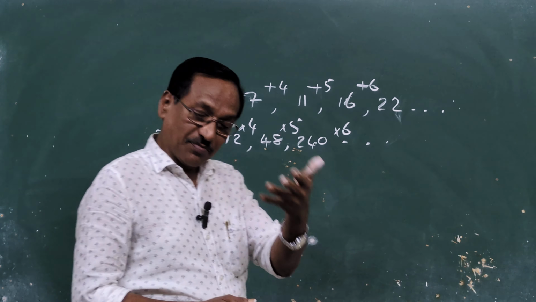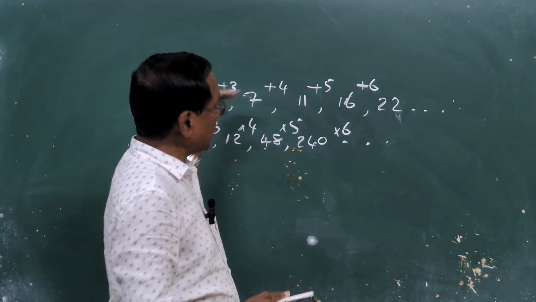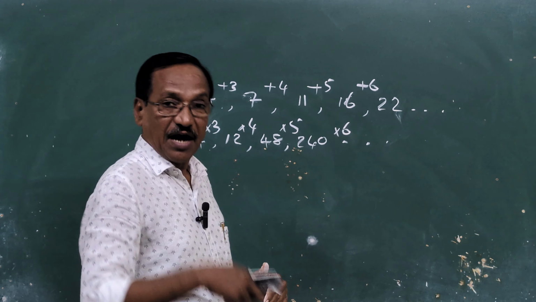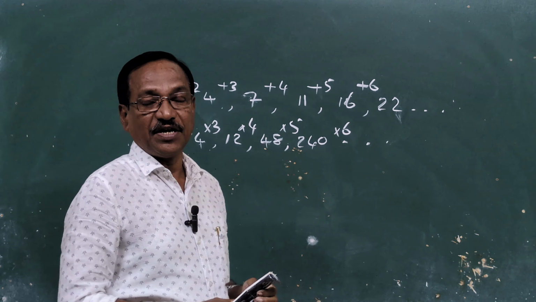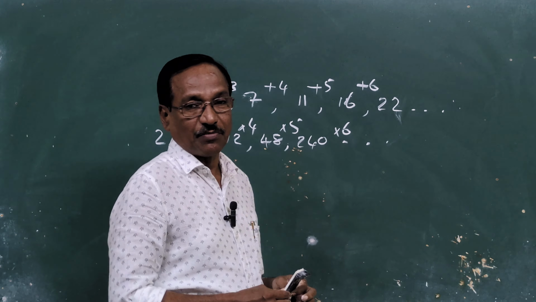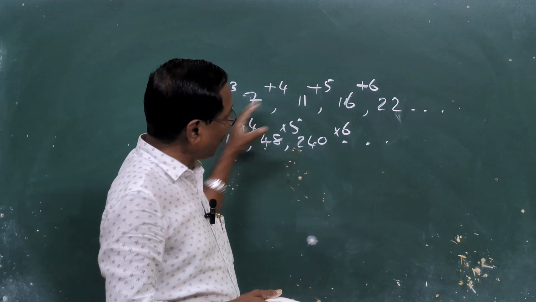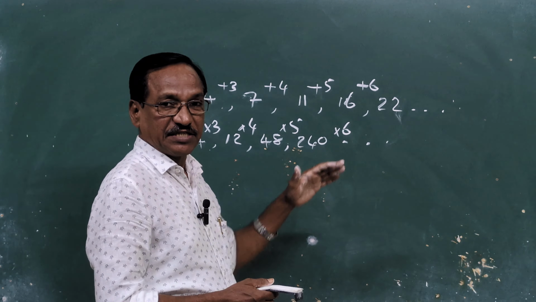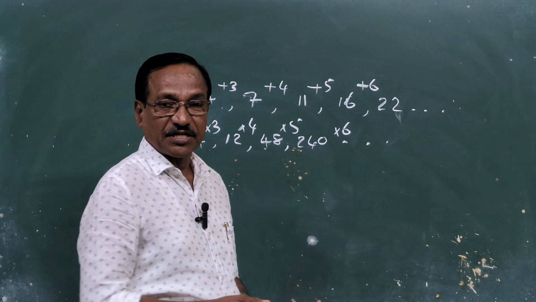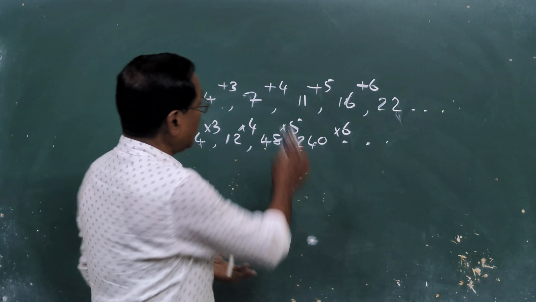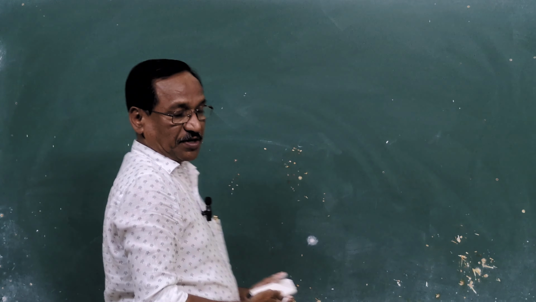Sometimes there may be a multiplication pattern, but first of all, let us consider it as an addition pattern sequence, then we try the pattern, and finally we decide whether it is an addition pattern or a multiplication pattern. So, looking at the pace at which the numbers are increasing, we can identify the sequence as an addition pattern or multiplication pattern. Then, after understanding the pattern, you can find the missing number.